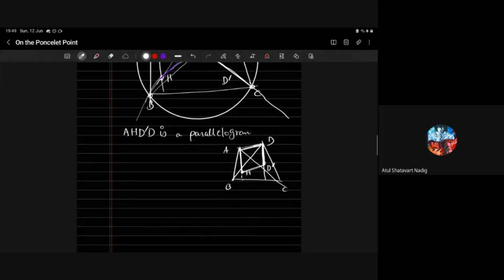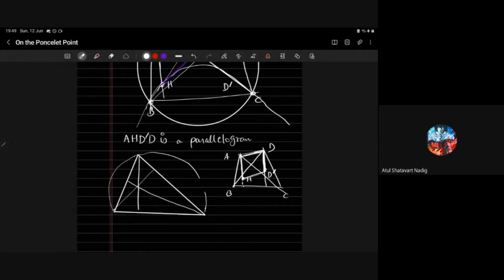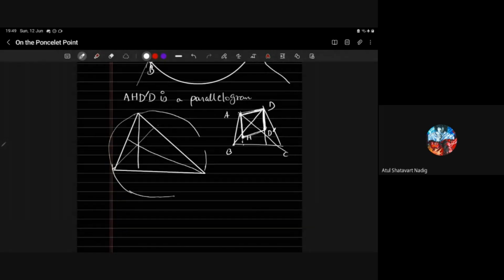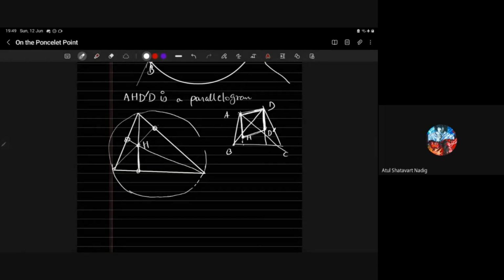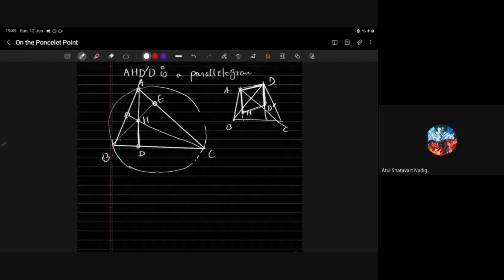Maybe I'll draw a diagram for that also. Let's say H. The 9-point circle of ABC passes through D, E, and F, which are the feet of altitudes.